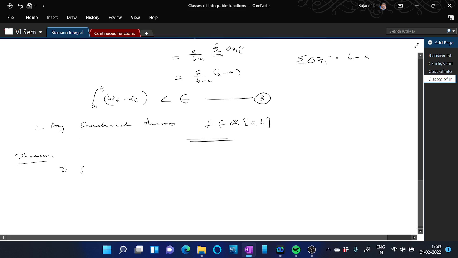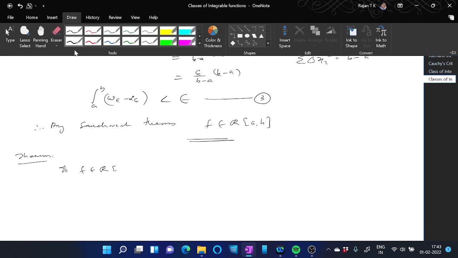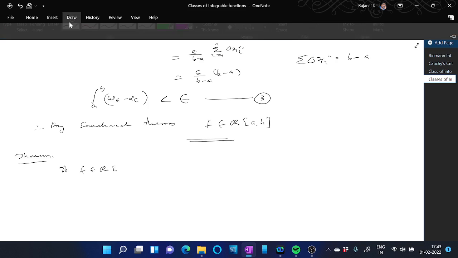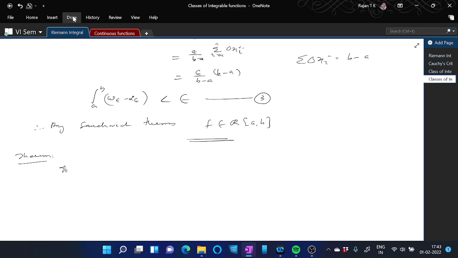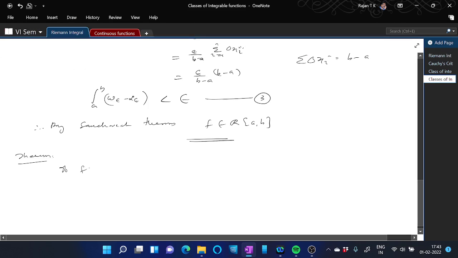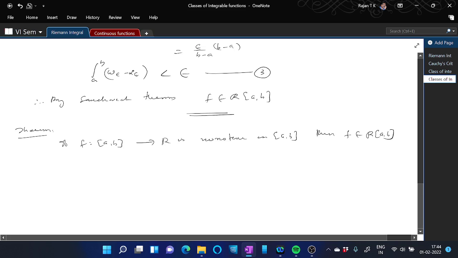If f from [a,b] to R is a monotonic function on closed interval [a,b], then f belongs to R[a,b]. That is, every monotonically increasing or decreasing function on closed interval [a,b] is Riemann integrable.